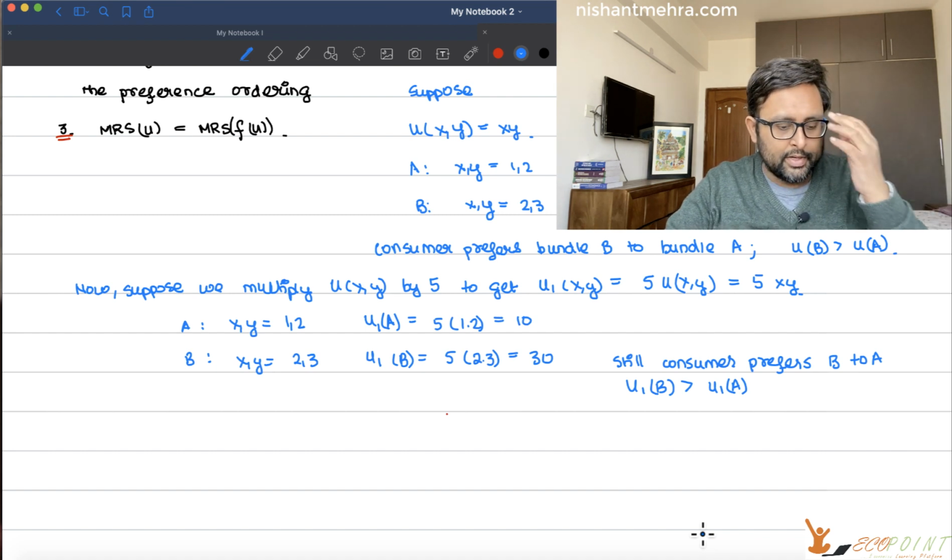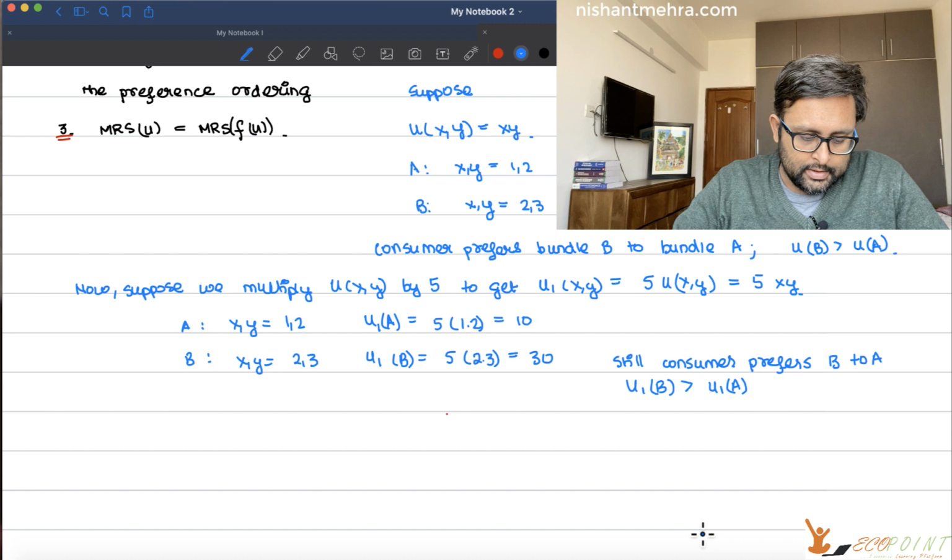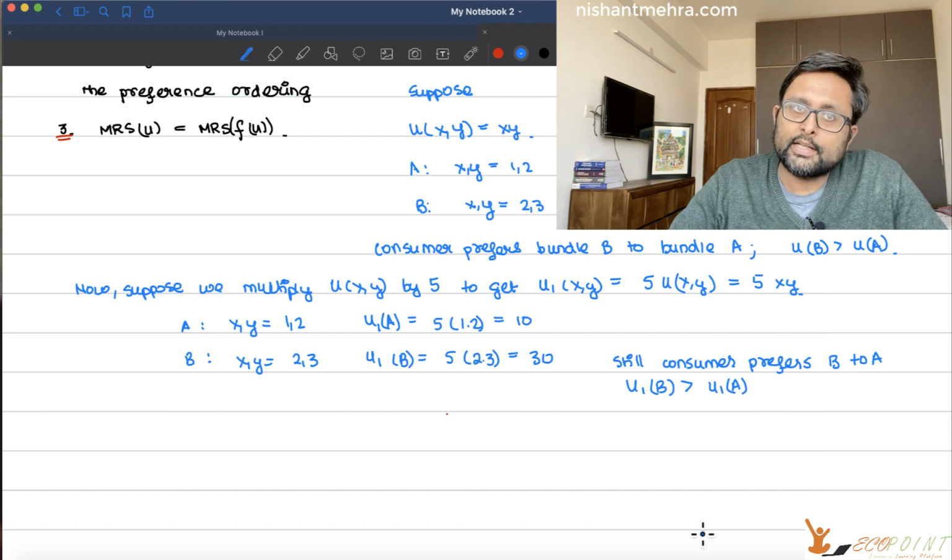So you can add, you can subtract a fixed number of utils from the utility function, and it is not going to change the ordering of the preferences.